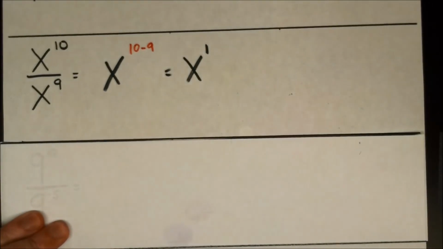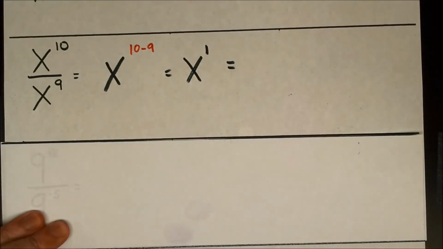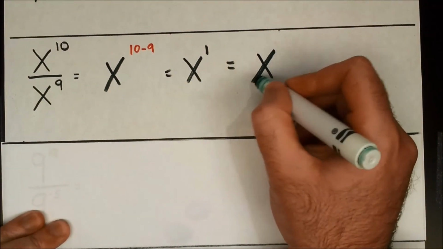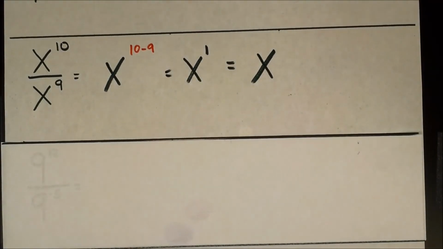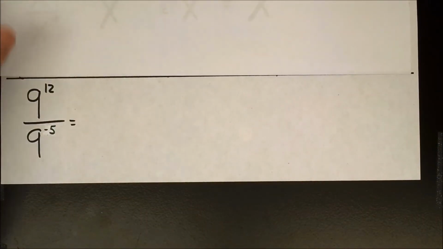And as we learned in the previous section, anything to the first power is the number itself, or in this case the variable itself, so just x. And that's the answer to that. Super simple? Yes, indeed. Try the last one on your own. I'll give you 45 seconds. I'll pause this. Go ahead.